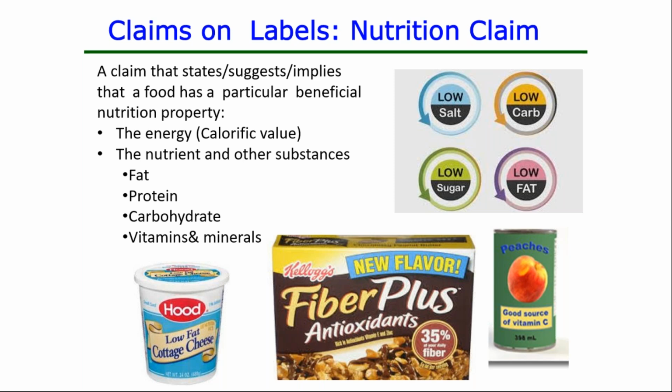The nutrition claim tells you what the content is. So it tells you whether it is high energy or maybe low energy. It can also be low fat, low carb, low sugar, etc., or good source of vitamin C. So here, this claim is based on the nutrient. It is telling you about the nutrient.